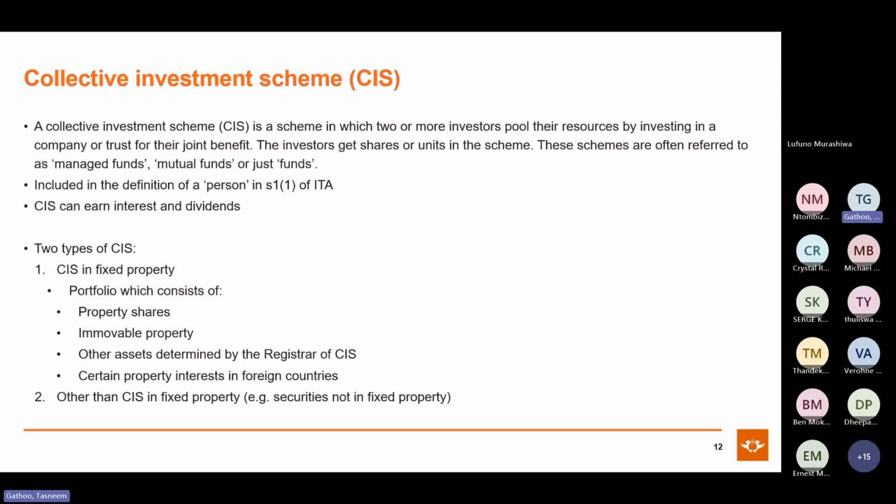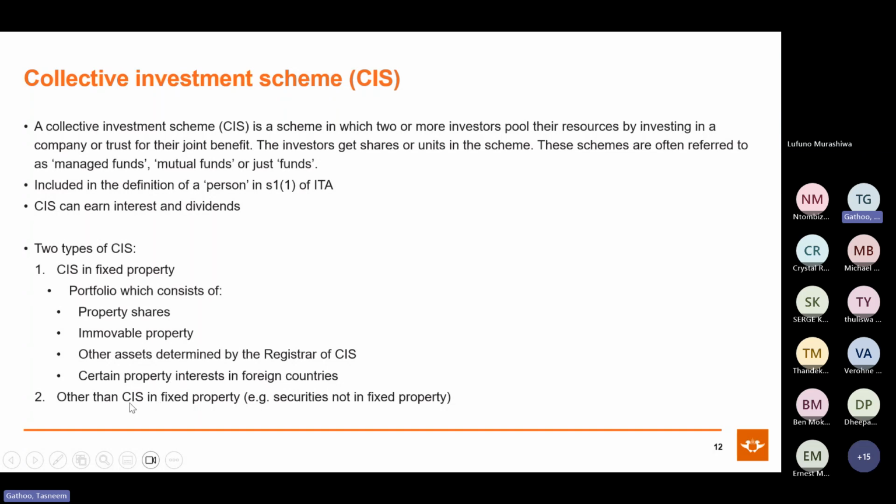I'm not sure if you've heard of REITs. They are property companies that hold shares in properties. Then immovable or fixed property, like your house and buildings, then other assets determined by the registrar and certain property interests in foreign countries.